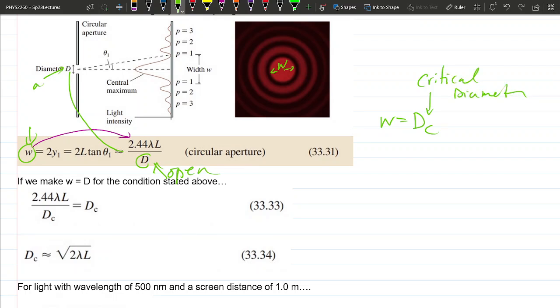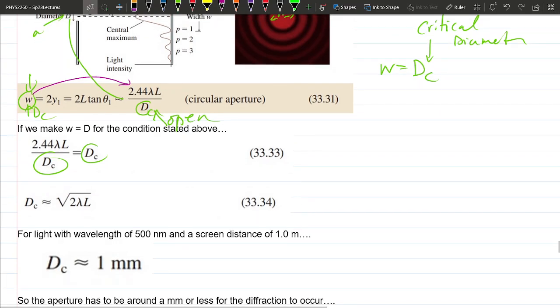So if we make this equal to the critical diameter, we end up with two factors of this. Solving this equation for D_C, you end up with approximately the square root of 2 lambda times L. I know this is 2.44, but we're just going to have an approximation there.